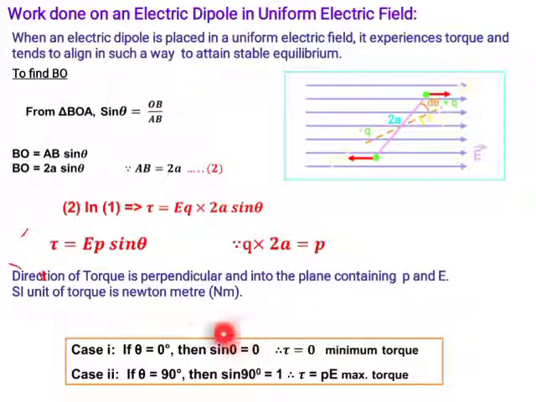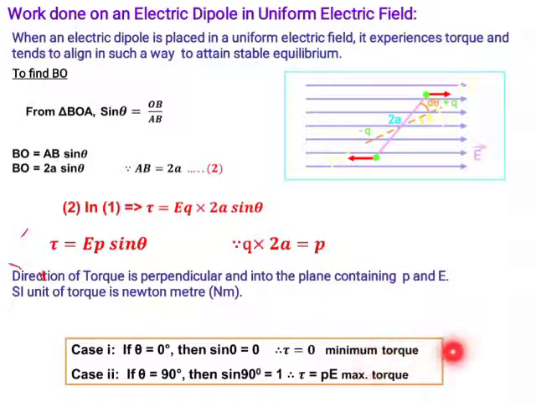If I substitute this sin 0 value in this expression, what about the torque then? Definitely the torque will become 0. Why is it 0? Tau is equal to 0 because sin theta is equal to 0, then sin 0 is equal to 0, then torque is equal to 0.